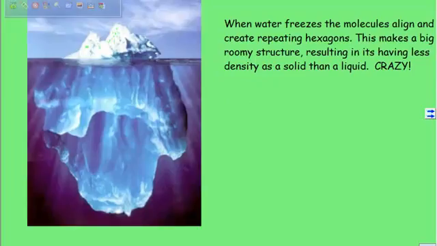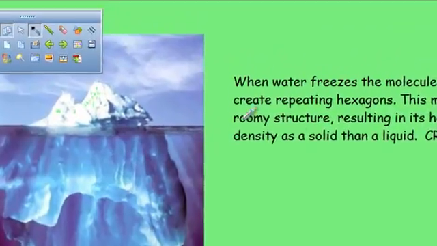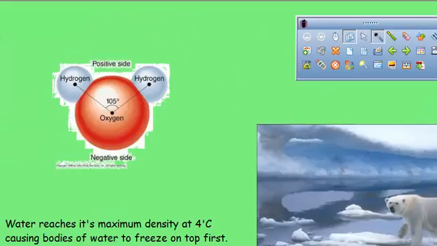When water freezes, the molecules align and create these repeating hexagons. That makes a big, giant structure, and the result is that solid water is less dense than liquid water. Crazy. You'll notice there's a 105-degree bond angle between the oxygen and the hydrogens.